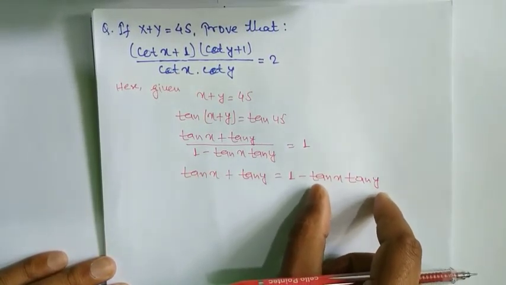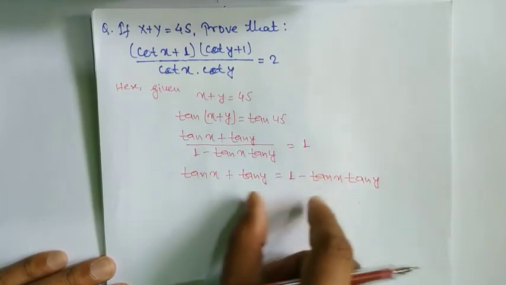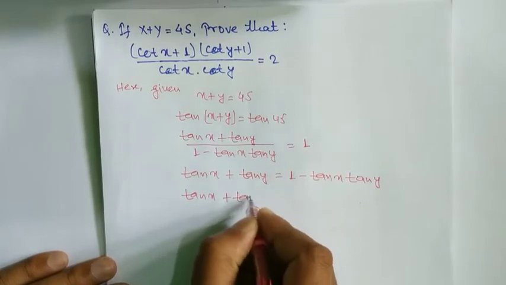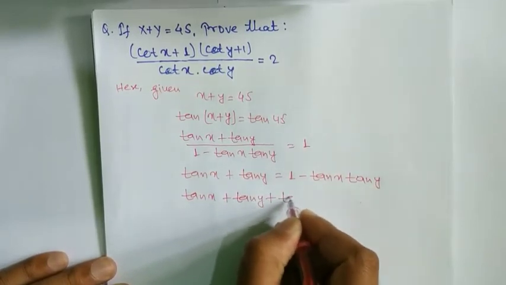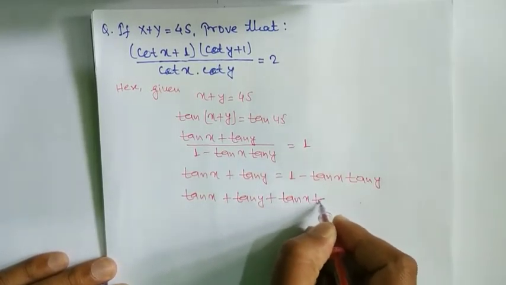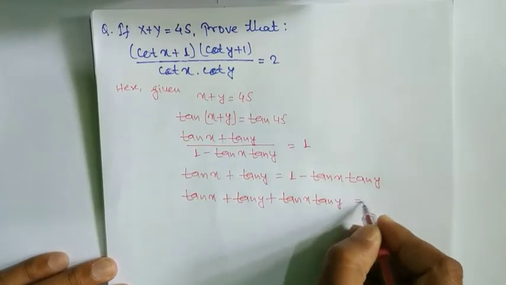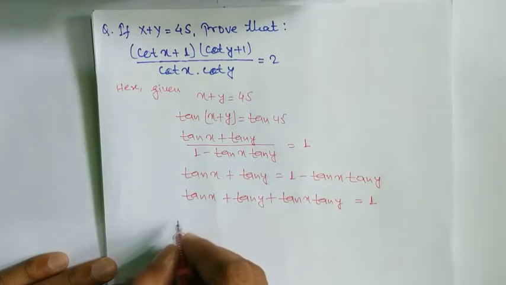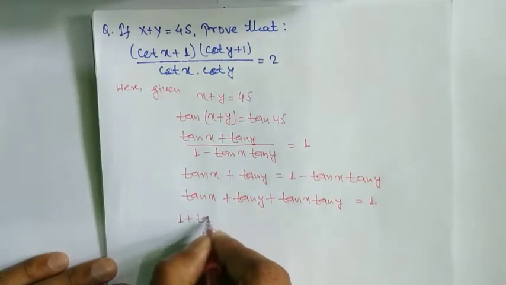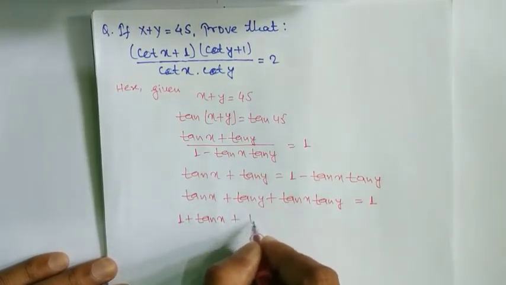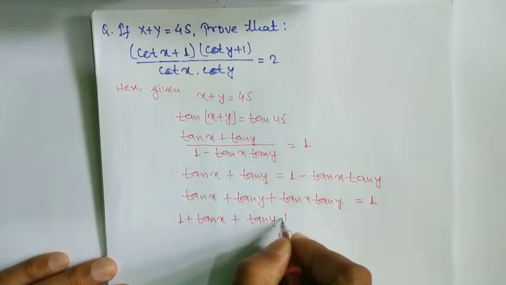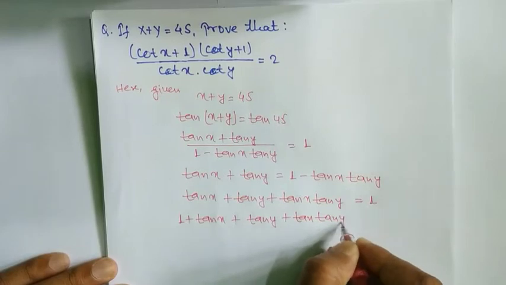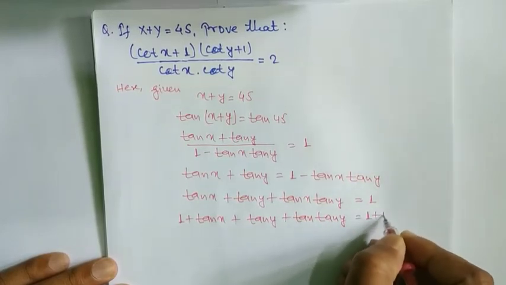Now this term tan x tan y, take it to the left. tan x plus tan y plus tan x tan y is equal to 1. Now look here, we have to prove 2, so add 1 on both sides. 1 plus tan x plus tan y plus tan x tan y is equal to 1 plus 1.